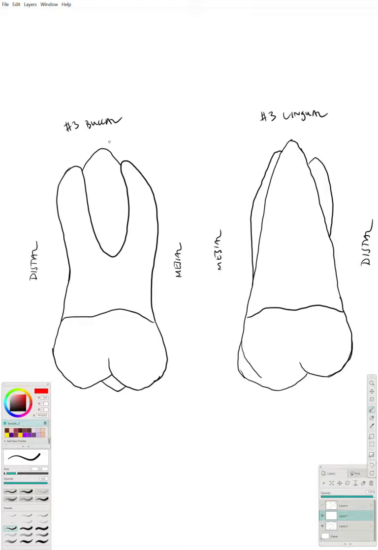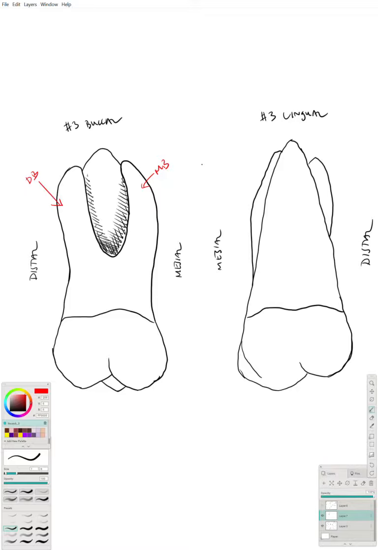And I realize this might look a little bit weird right here, so let me add in a little bit of shading just to give you guys an idea of where this is located. So this area in here is the palatal root that we're seeing through the bifurcation of the mesial buccal root and the distal buccal root.